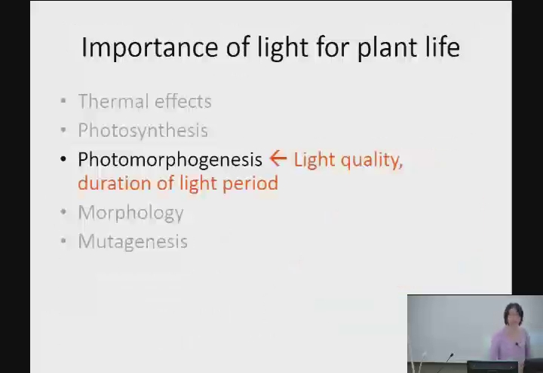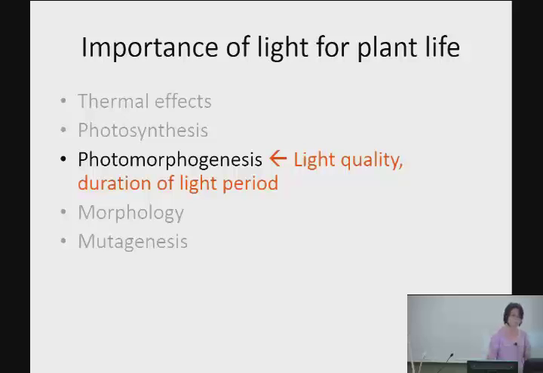So we are talking about the light environment for plants. We talked about temperature effects and photosynthesis, pretty much focused on photosynthesis last week. And then we talked a little bit about light quality affecting morphogenesis or morphology. So today is the duration of photoperiod.